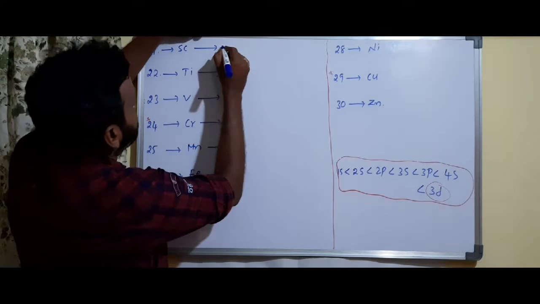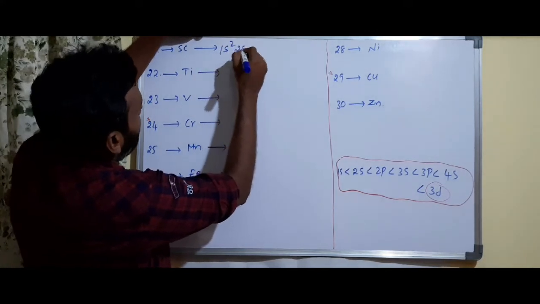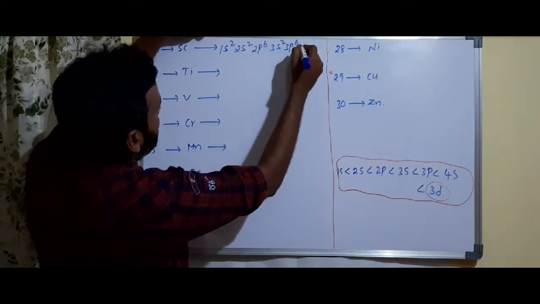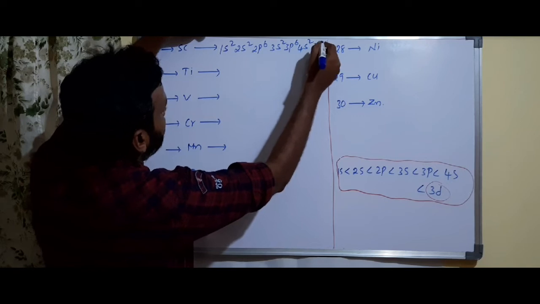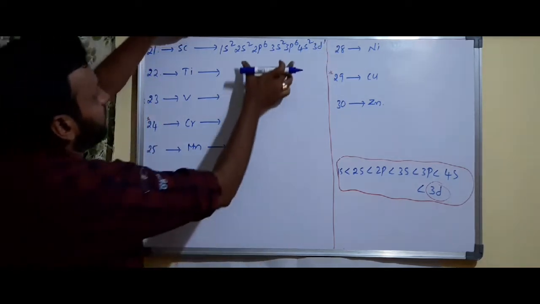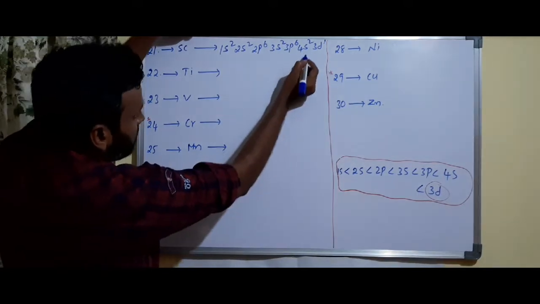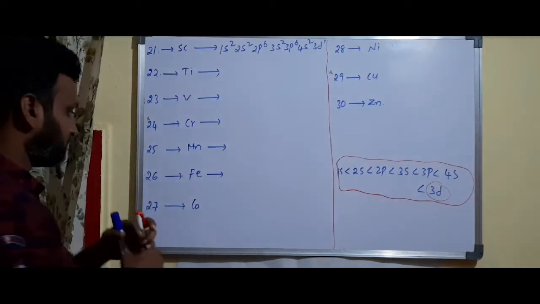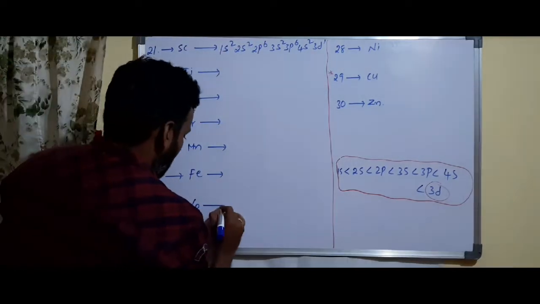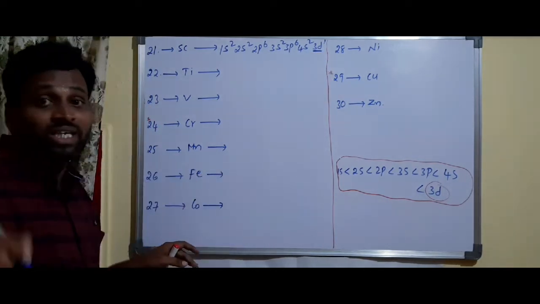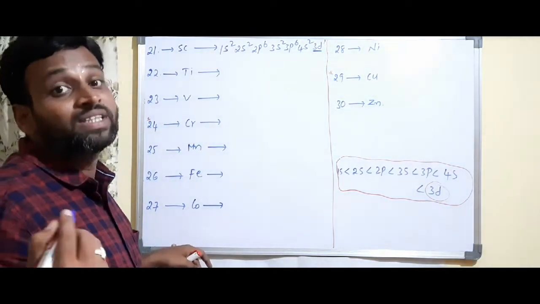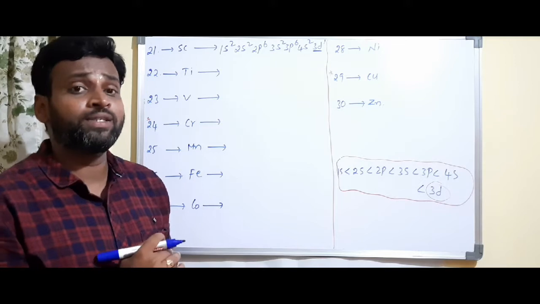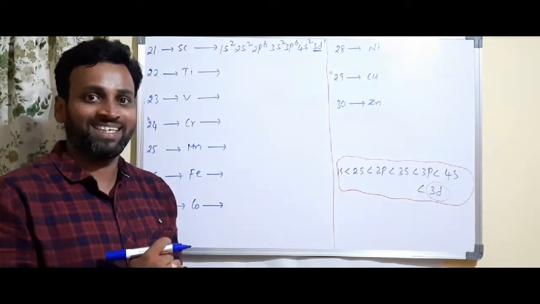So now come to scandium. It's very simple: 1s2, 2s2, 2p6, 3s2, 3p6, 4s2 and 3d1. Here nothing will change. Till 4s as it is you can write, except for chromium and copper. For everywhere you can write like that. Okay, so the last electron, the differentiating electron, enters in what subshell? 3d in scandium. They'll ask this question. In scandium, the differentiating electron enters in what subshell?